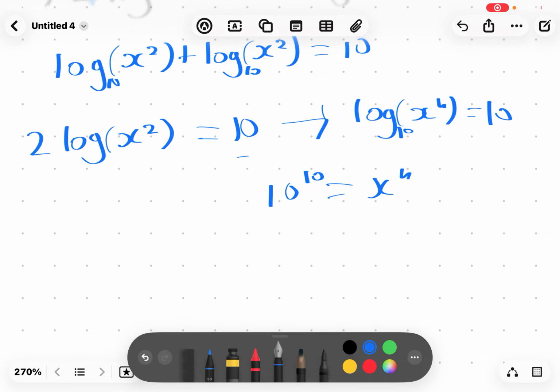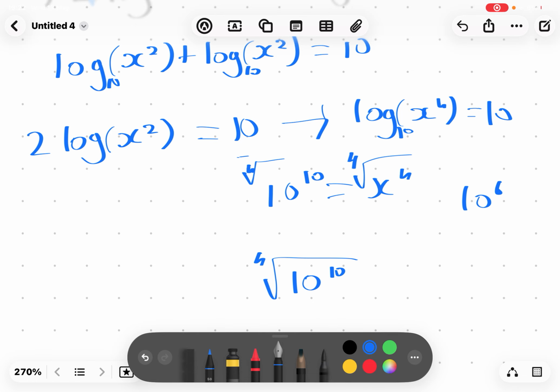So we have to use the root. So we root this by 4, and we root this by 4. And guys, this is what you have to input in your calculator. You don't input, so you know how this takes away from this? You would think that this is like 10 to the power of 6.